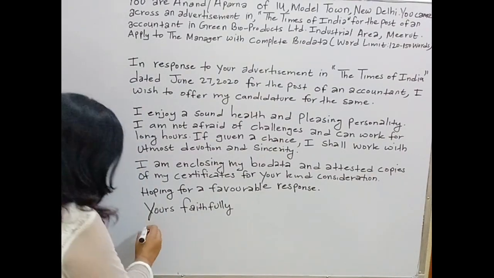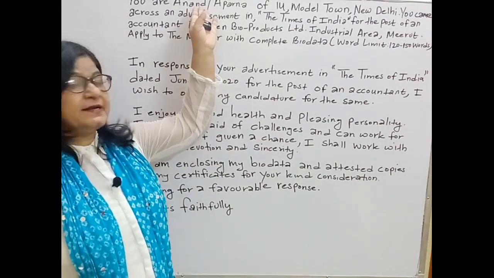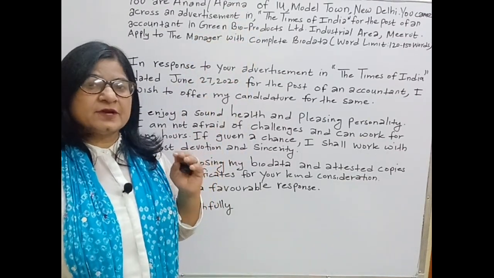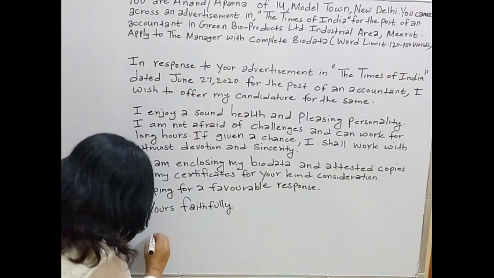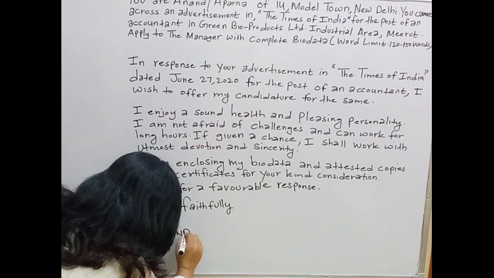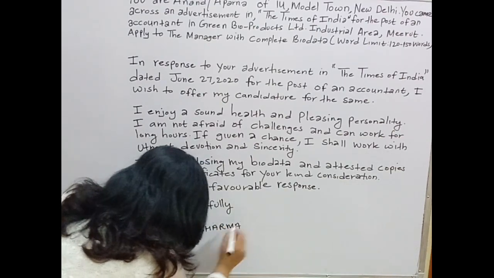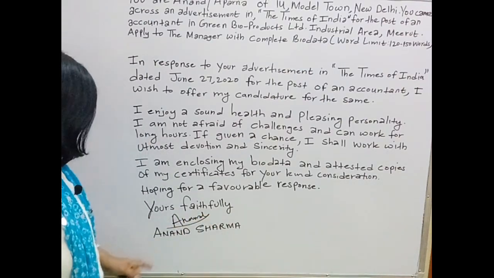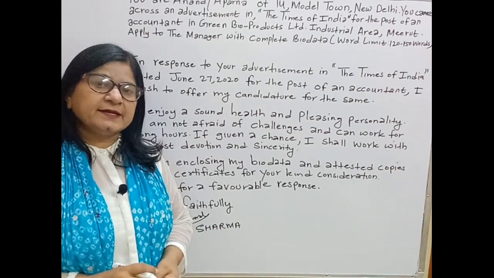And then you will write the name of the applicant. Boys, you will have to write Anand, and girls, you will have to write Aparna. Surname is not given, you can write any surname. So I will write Anand Sharma. Write the name in block letters, Anand Sharma. Put your signature. Leave a line blank and write enclosures, or you can also write enclosed.